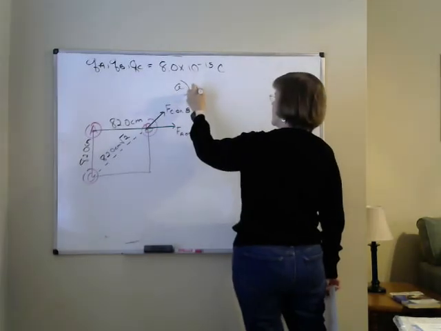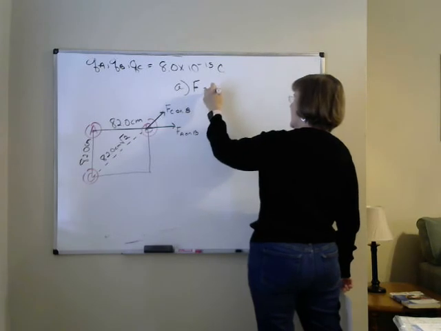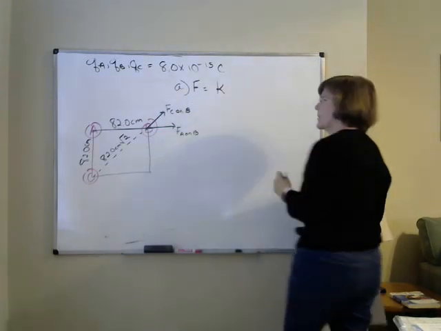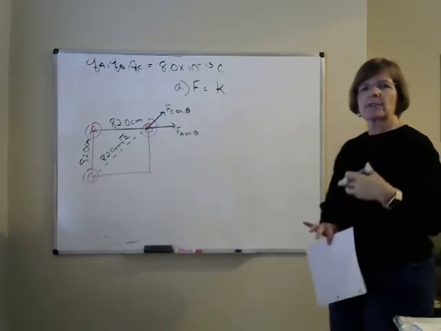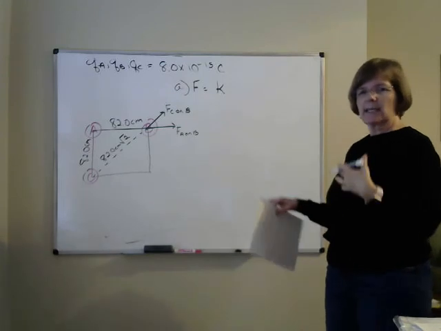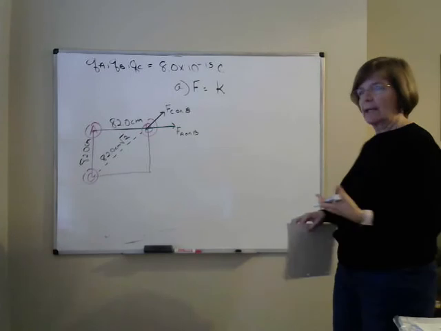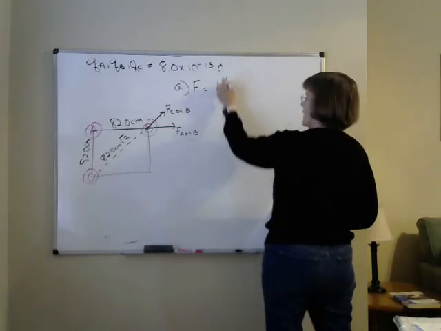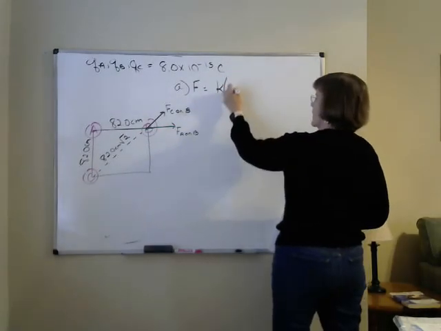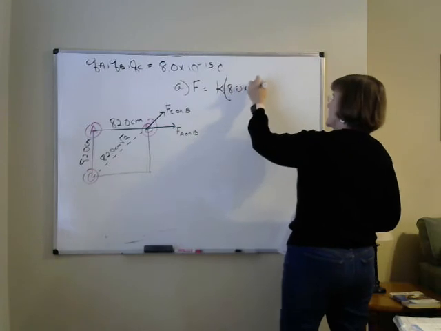That force is equal to K. I'm just going to write K. When I put it in my calculator, I'll have to type in 8.99 times 10 to the 9th, but I know that number, and I might even save it in my calculator. The two charges are 8.0 times 10 to the negative 15.